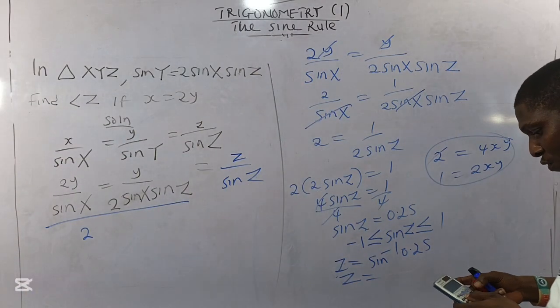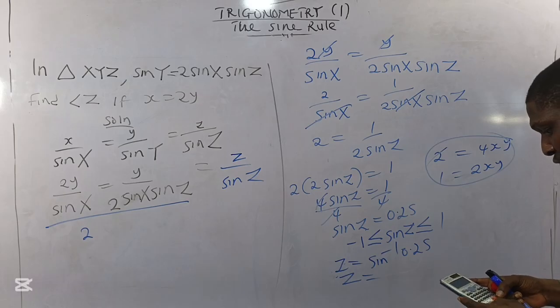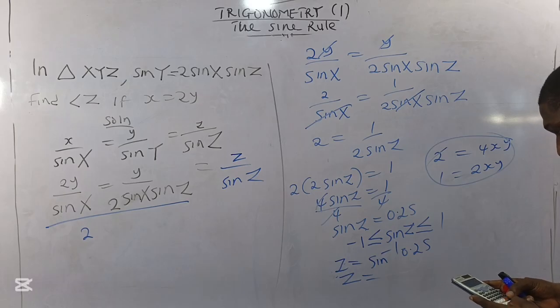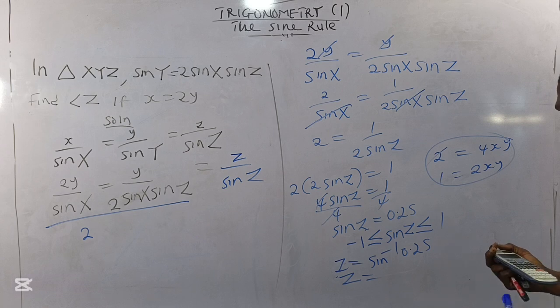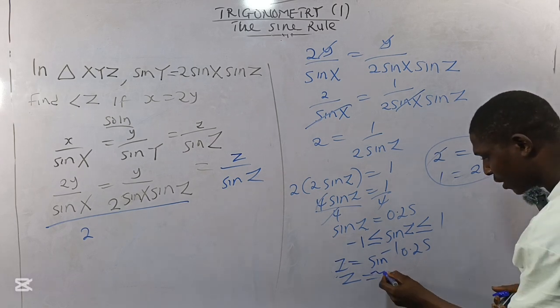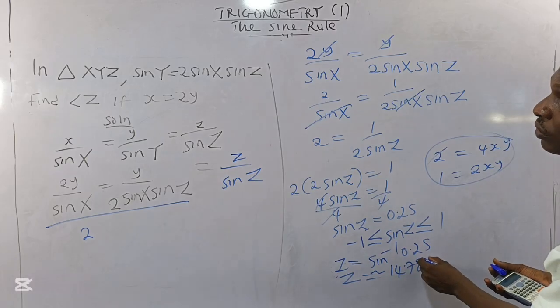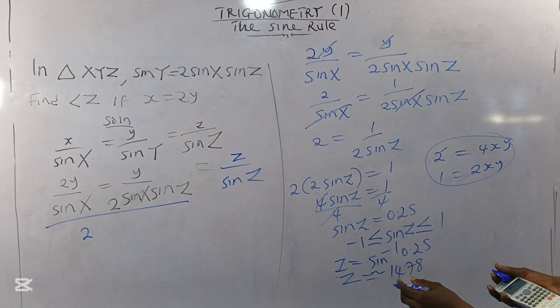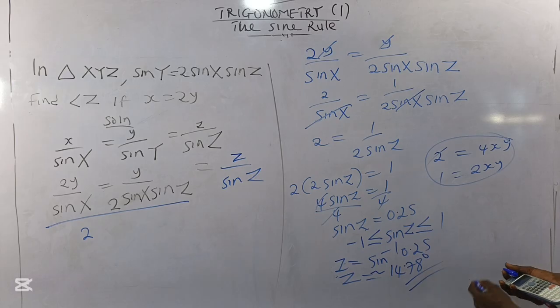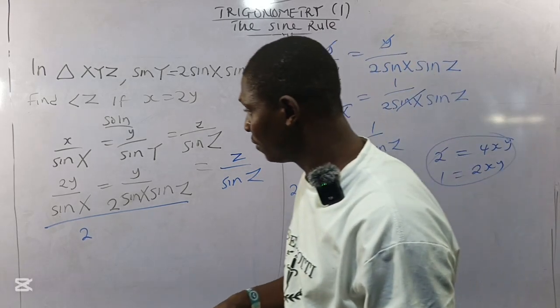Arc sine of 0.25, which is shift sine 0.25, will give me 14.4775, which is approximately equal to 14.48 degrees. And this is my answer.